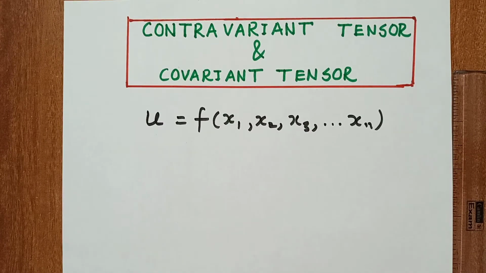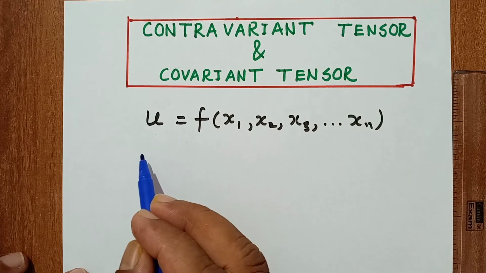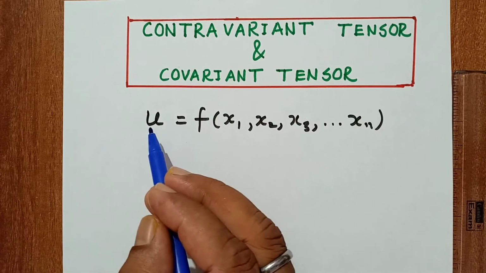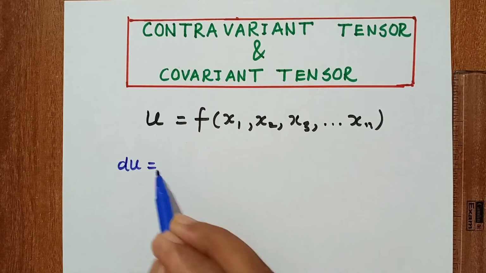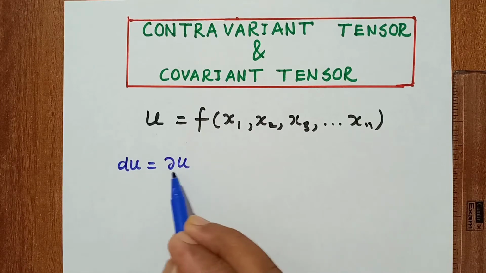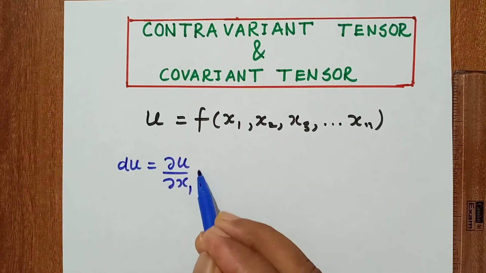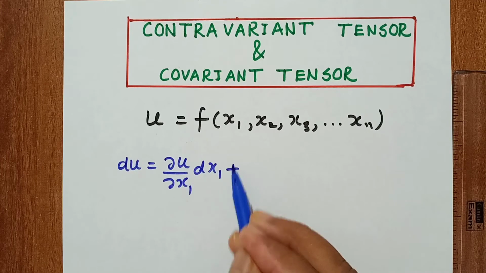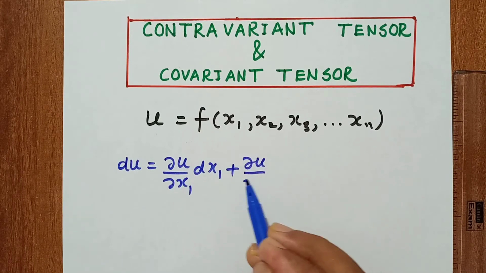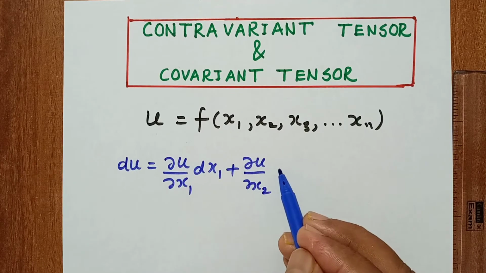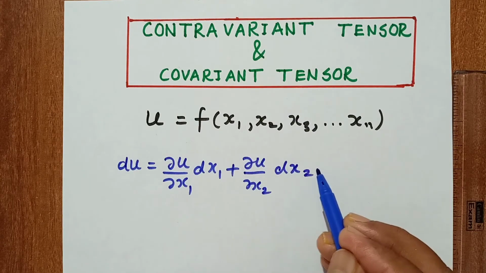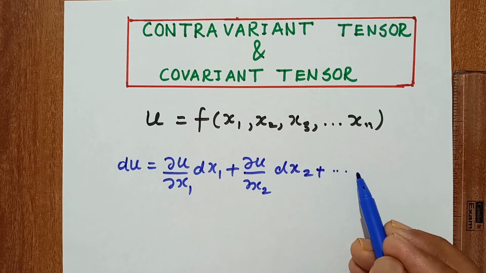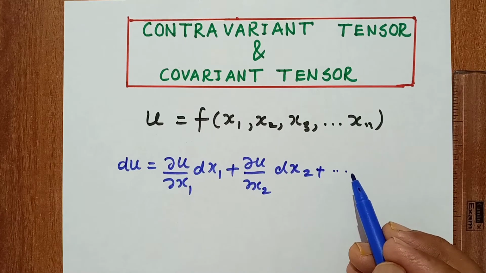So by definition of total differentiation, we have du. du means small increment in u. So du is equal to del u upon del x1 dx1 plus del u upon del x2 dx2 plus del u upon del xn dxn.